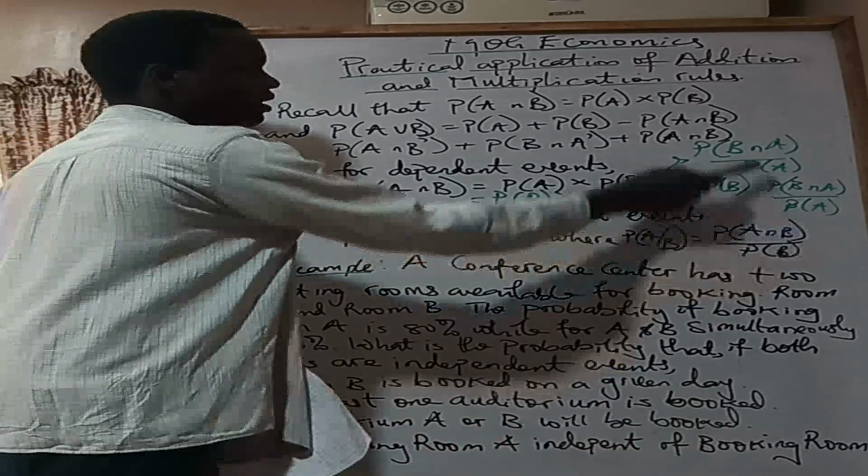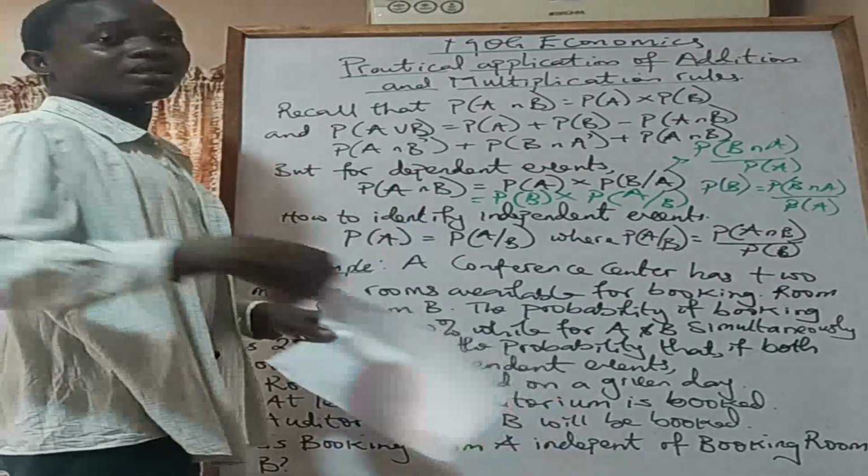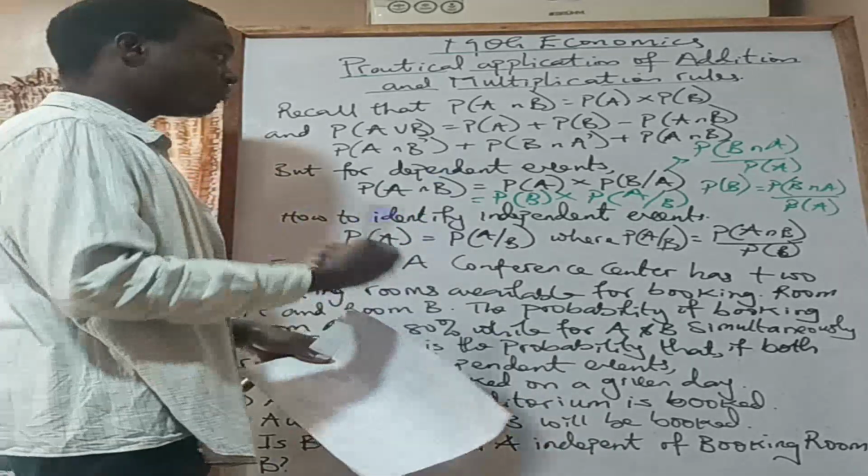Your answer here is the same as your answer here. What has changed is just your denominator, because B intersection A and A intersection B should give you the same answer.